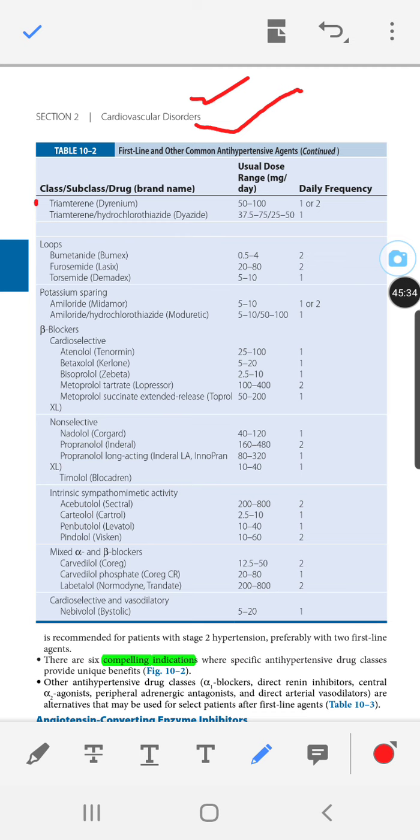So number one, you can see the class, drug, brand name, usual dose and daily frequency. You are taking one medicine, one tablet or two, so it depends on the frequency.